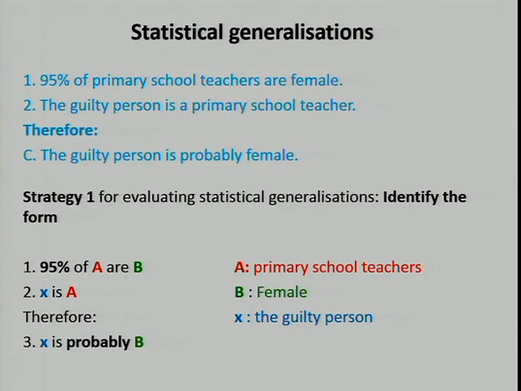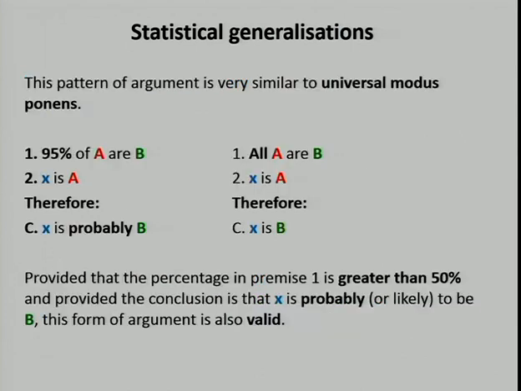So we can again think of it in something that is really similar to the forms that we already have, right? So strategy one is to try to identify and compare it to the usual argument forms that we have. In this case, you can see that this form is valid, because it's very similar to the universal modus ponens.